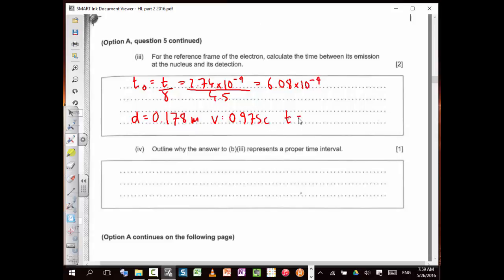And so t is equal to d over v, which is 0.178 over 0.975 c, which is 6.08 times 10 to the negative 10 seconds. This is negative 10, not negative 9.